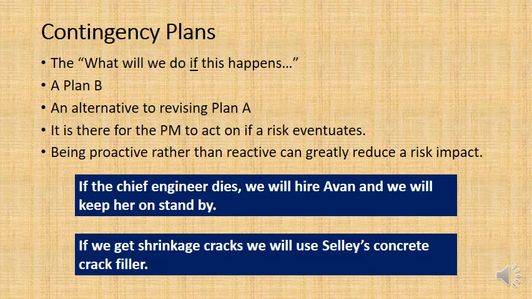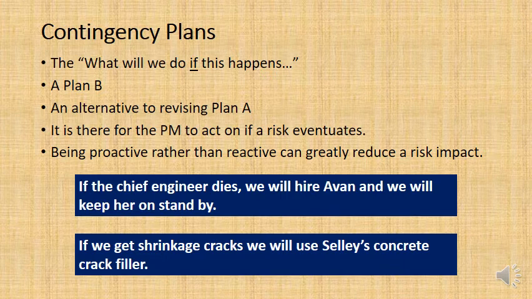Now, with the risk management plan, you could actually be writing contingency plans too. So this is basically a plan B. Plan B means contingency plan. What will we do if this happens?